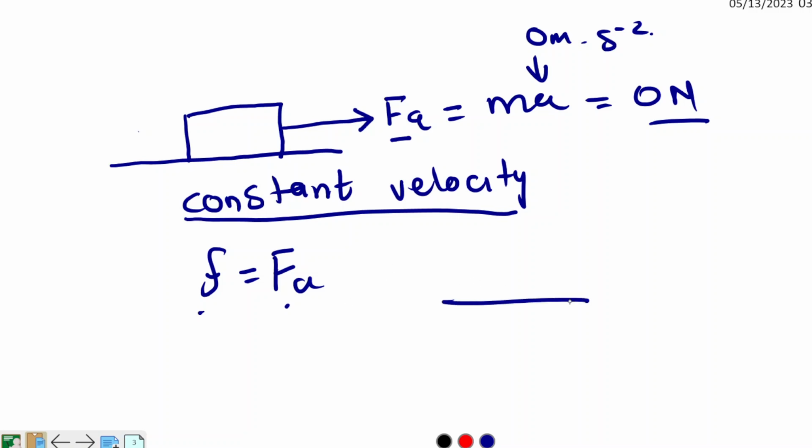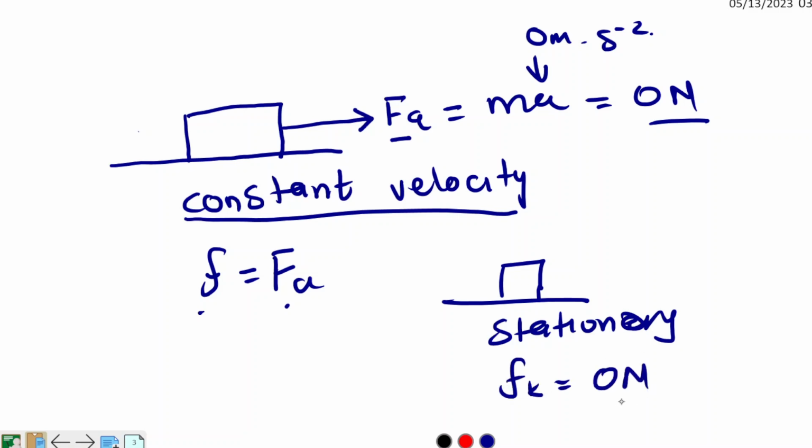Also in a situation where the object is stationary, we say the kinetic frictional force is 0, and also in a situation where the object is moving at a constant velocity.